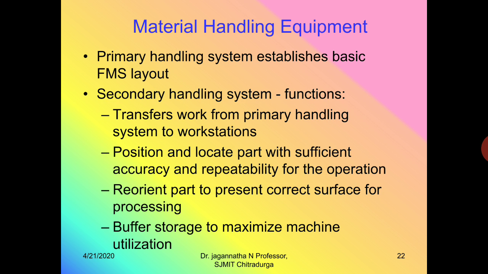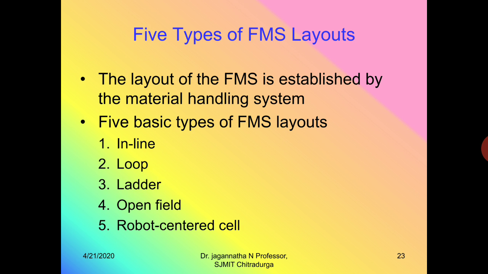And material handling equipment: the primary handling system established in the FMS, and the secondary handling system to transfer the work from the primary handling system to the workstation, positioning and locating the parts with sufficient accuracy and repeatability for the operation while the workpiece or material is handled in the entire flexible manufacturing system.